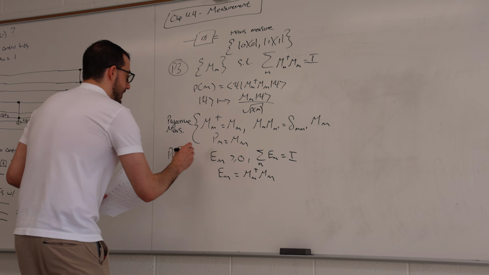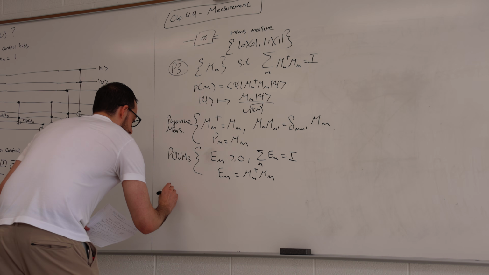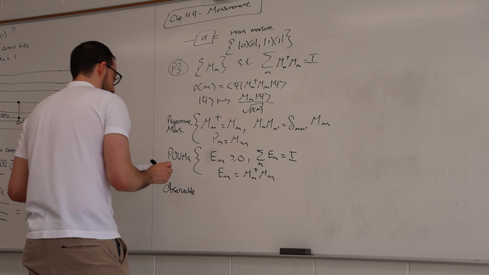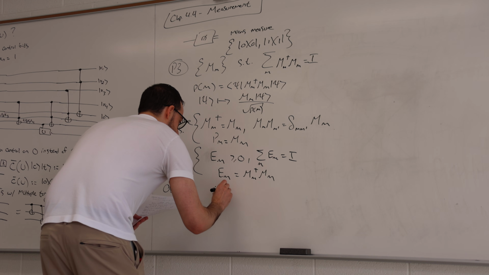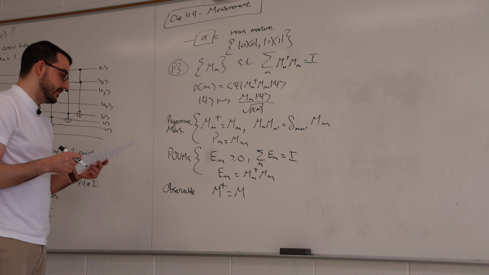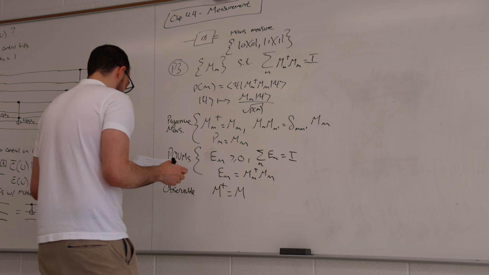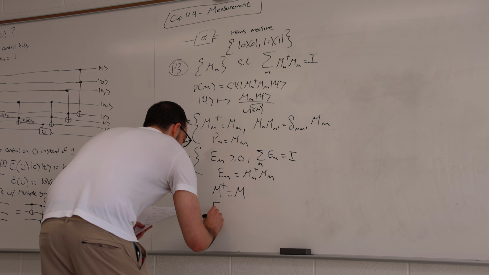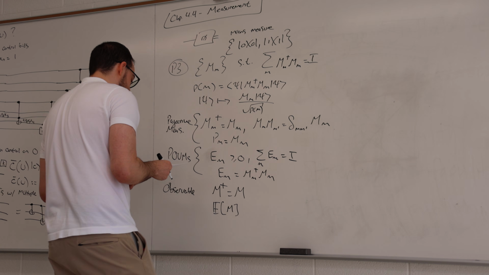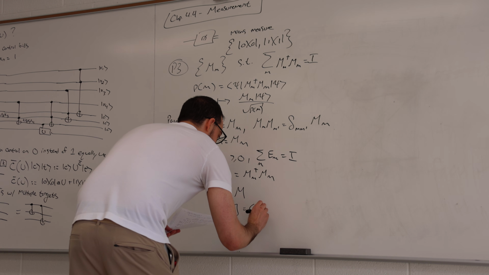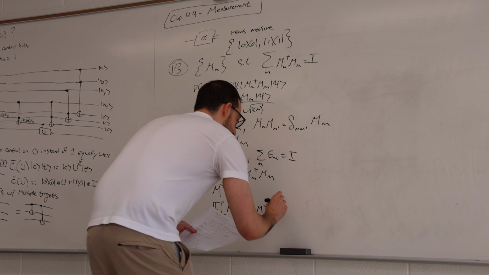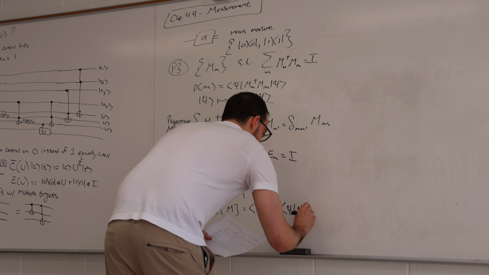The last case that we covered was for just an observable. Remember that an observable was a Hermitian operator, so M dagger being equal to M. And I'll just remind you of the two rules or equations in this case that we covered. The expected value of this observable, which we'll use these notations equivalently, is equal to just the inner product ⟨psi|M|psi⟩.